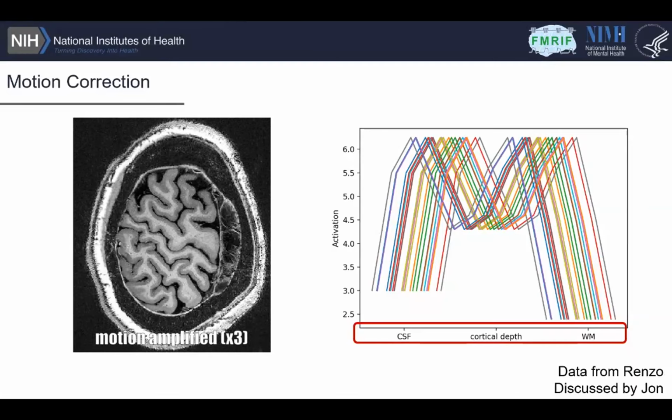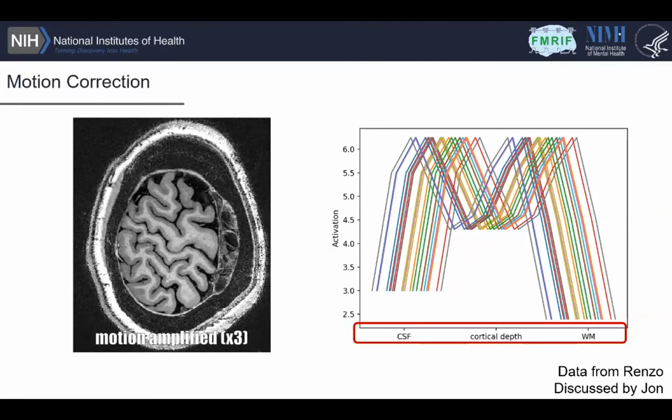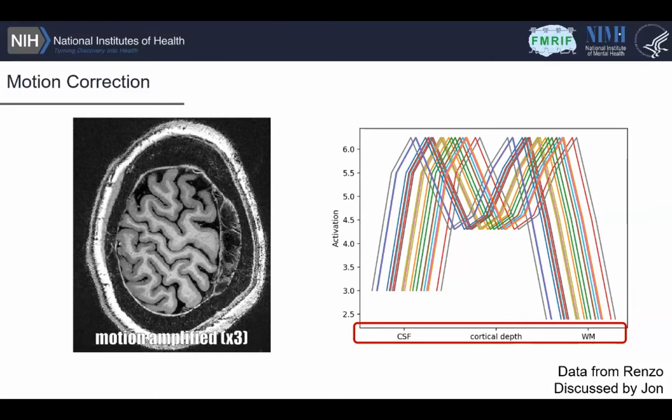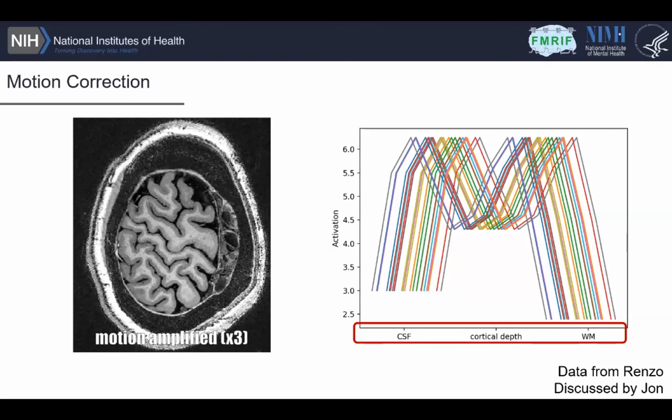So if the person is moving, it's very obvious that it's going to be very difficult to find our layer profiles, because as you can see on the right-hand side, the location of the anatomy in comparison to our functional, or the relationship between the two, is actually changing over time. And so if we just took the average of each of the X points along our little plot here, it would no longer look like the exact same thing.